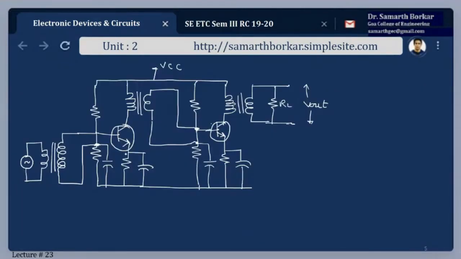Construction: it is a two-stage transformer coupled amplifier, and it makes use of NPN transistors. Construction wise, it makes use of NPN transistors, that is the first point. Then it is to be noted that the step-up transformer is connected here to the AC signal source so that it increases the voltage level.